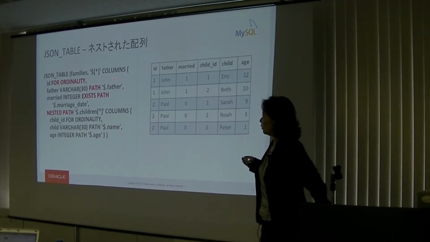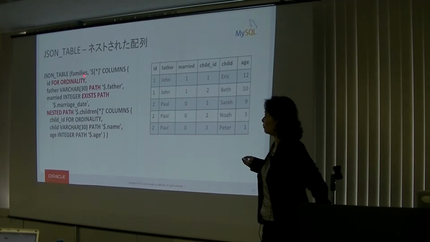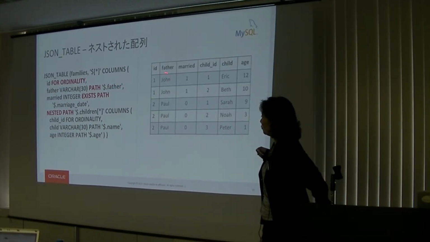The JSON table specifies we want to take the JSON, the family is a column name, and we want to define following columns: ID for ordinality. It's automatically assigned to each element in the top array.